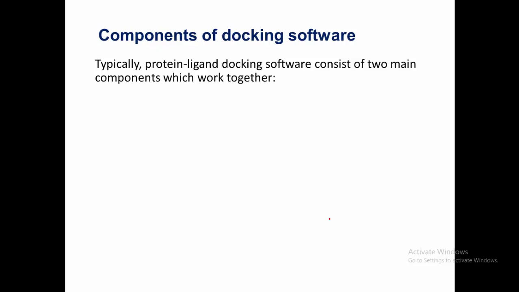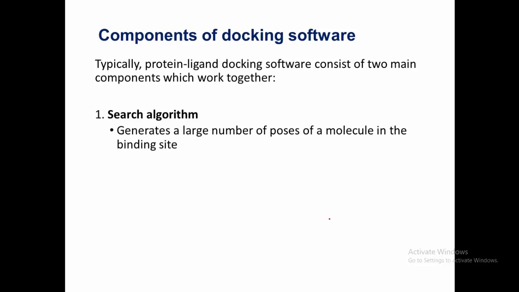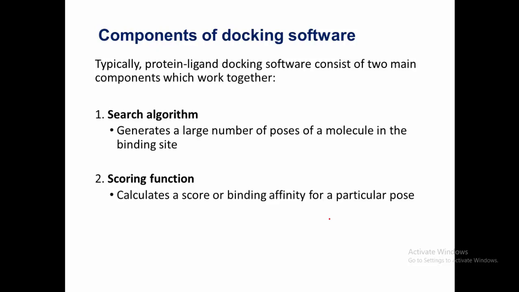Components of molecular docking software. Typically, protein-ligand docking software consists of two main components that work together: a search algorithm and a scoring function. Any molecular docking software consists of those two components, and they are very important for the software to function.